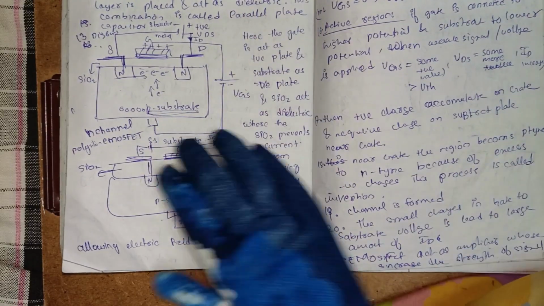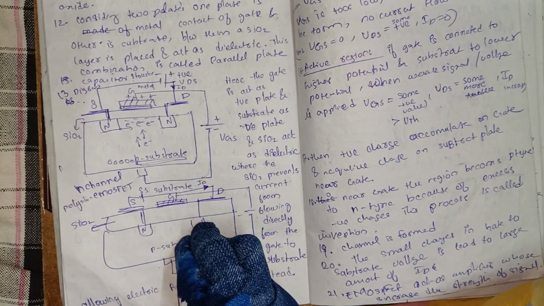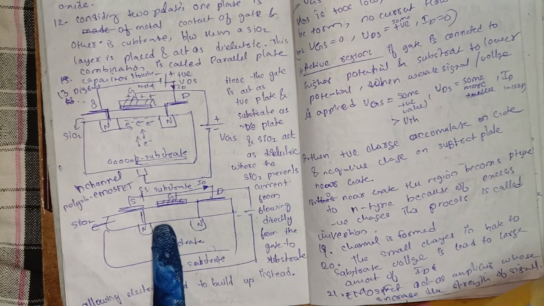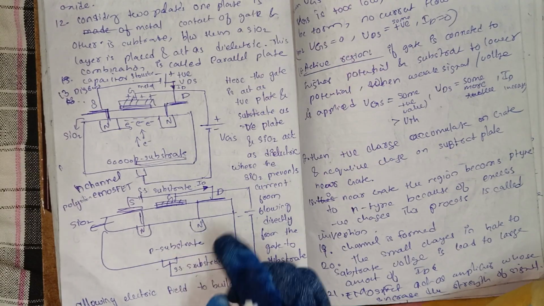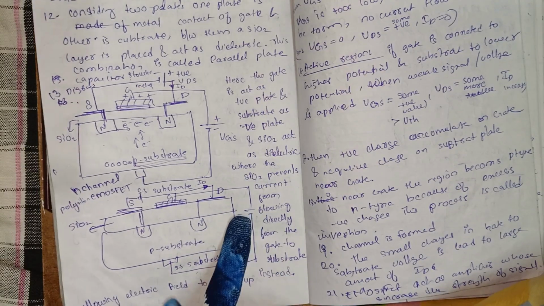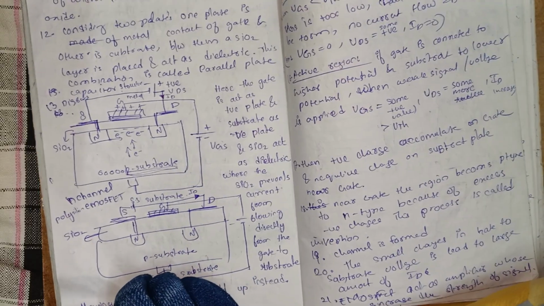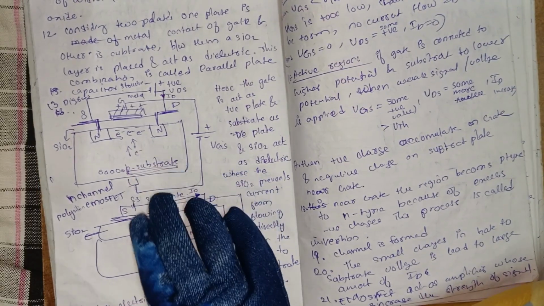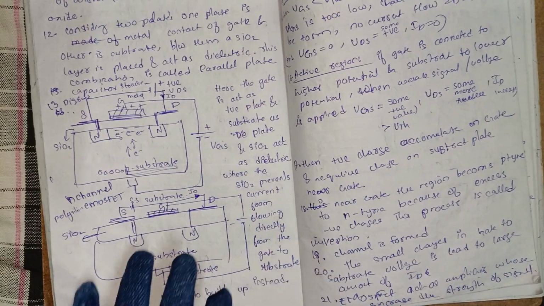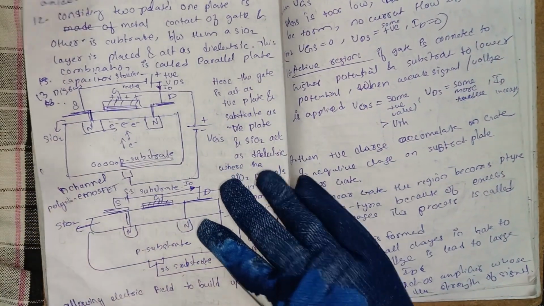Okay, so in the first diagram the channel is not formed. We didn't apply any voltage here, VGS voltage. So after applying, the channel is created. So in the working we will see how the channel is created.